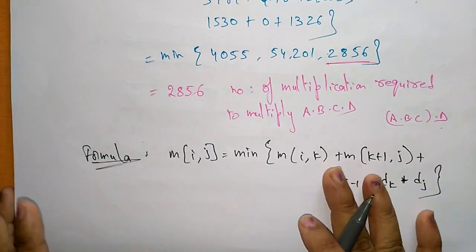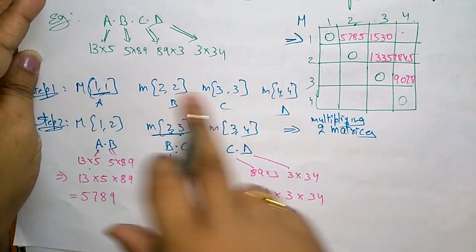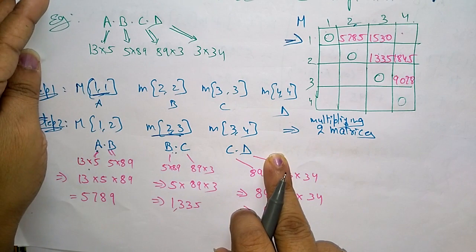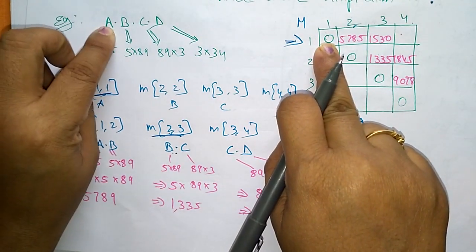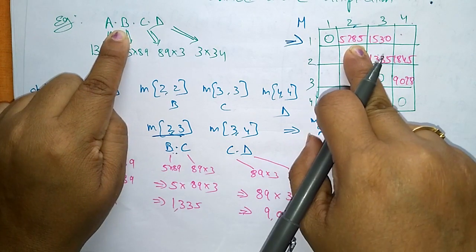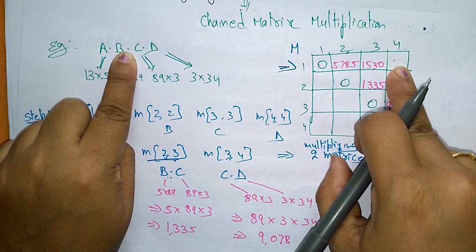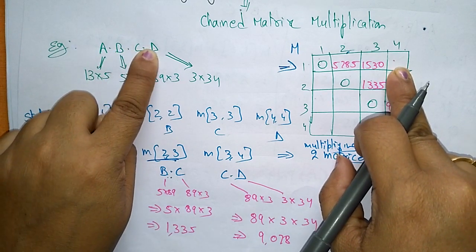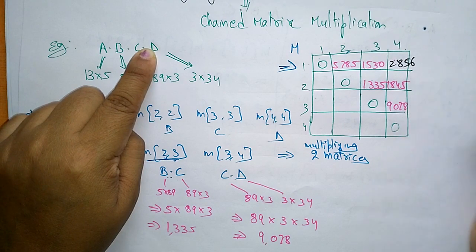So don't be confused about this formula. Just whatever procedure I have followed to calculate all those things. So this is the cost of multiplying only A matrix, and this is the cost of multiplying A by B matrix, and A into B into C, the three matrices, and the final is A into B into C into D. So that you get is 2856.